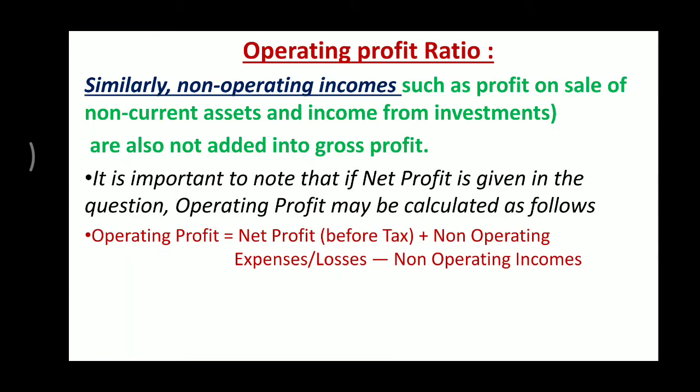Then next is non-operating income. Non-operating income includes profit on sale of non-current assets and income from investment. Profit on sale of fixed assets or non-current assets and income from investment are not supposed to be added to gross profit for the purpose of calculation of operating profit.